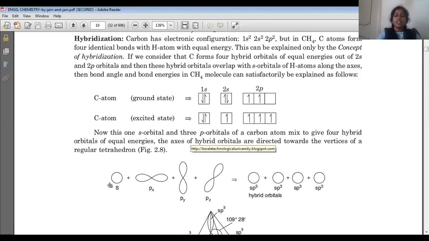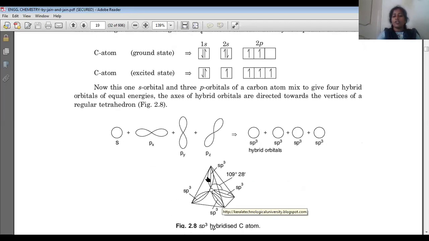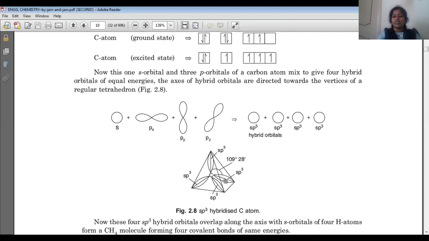Here the s orbital and the px, py, pz orbitals are oriented along the x, y, z axes, and mixing of these 4 orbitals leads to the formation of 4 sp3 hybridized orbitals. These 4 sp3 hybridized orbitals of the carbon atom occupy the 4 corners of a regular tetrahedron, as indicated in this figure.